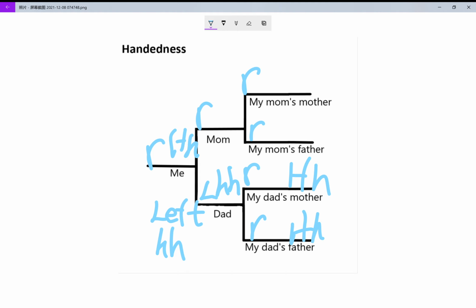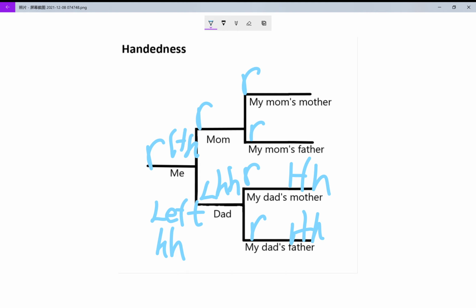My mom's genotype should also be two little e. Now I cannot confirm my dad's genotype, but my mom can only provide a recessive allele to me. But I still have earlobes. So my genotype should be a big E with a little e. But my dad, because I don't have enough information, I cannot find that out.